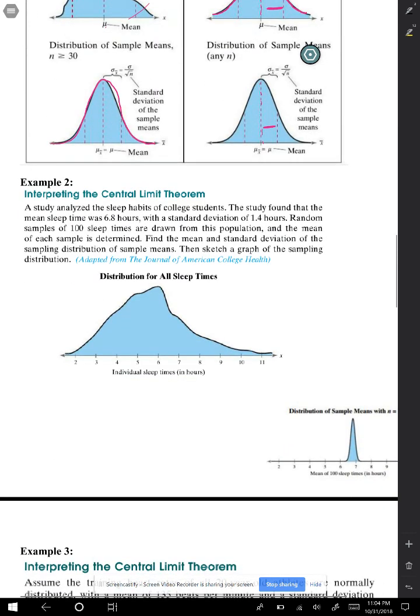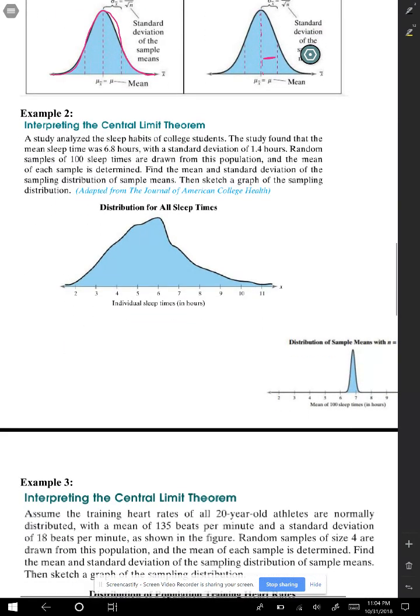All right, so what we're now going to do is interpret the central limit theorem for a couple of problems. On the first one, a study analyzed the sleep habits of college students. The study found that the mean sleep time was 6.8 hours. So if you come in here to about 6.8, that's where your mean is.